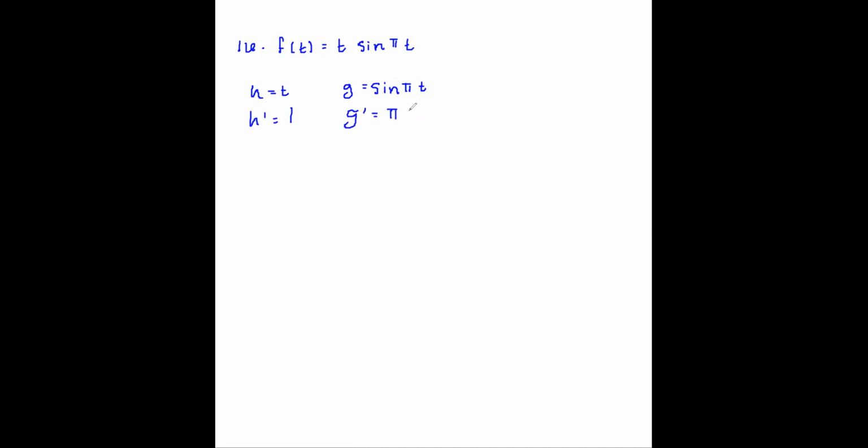That's not sine, that's cosine. And we can put them together to end up with pi t cos pi t plus sine pi t. And that will be our answer for 16.